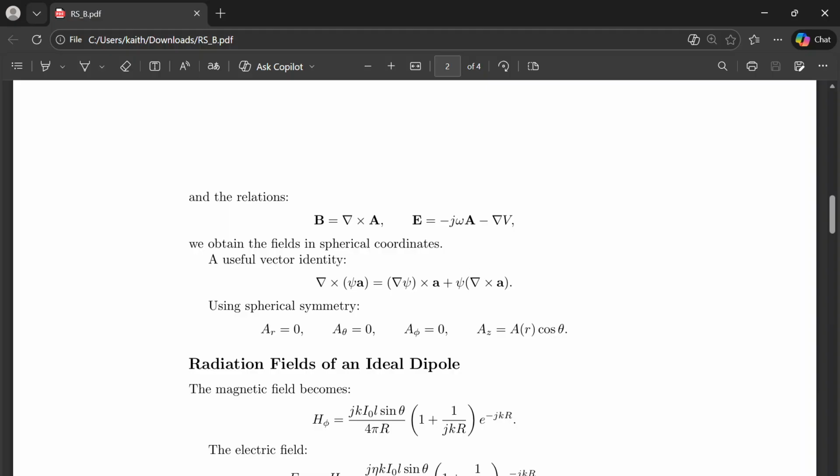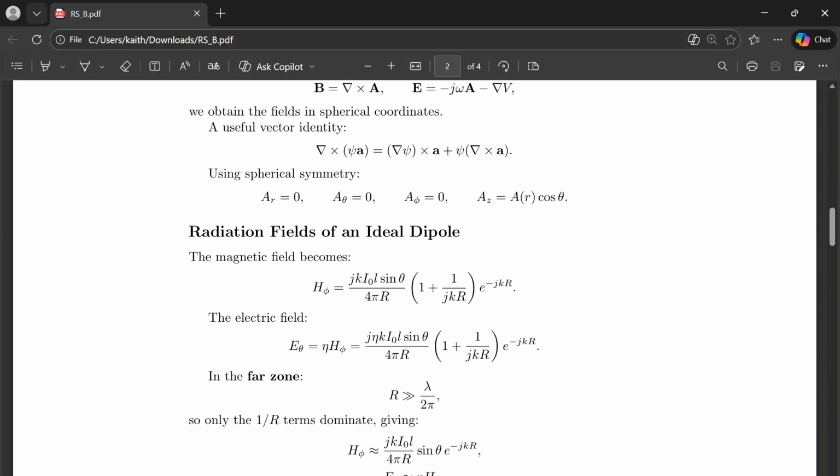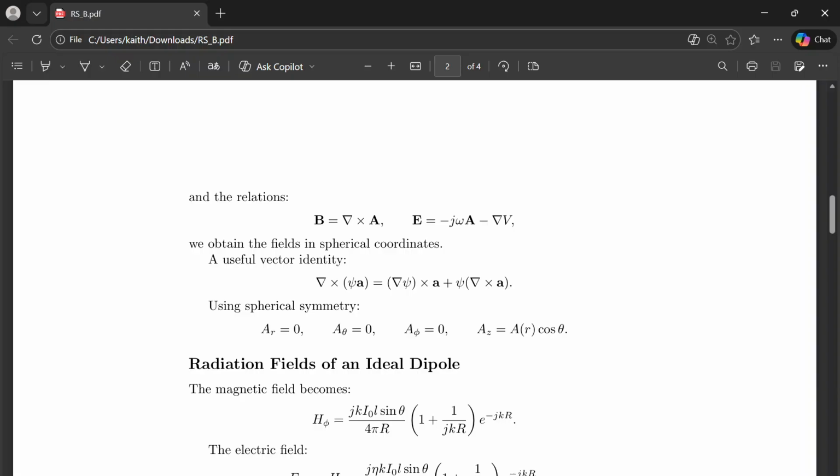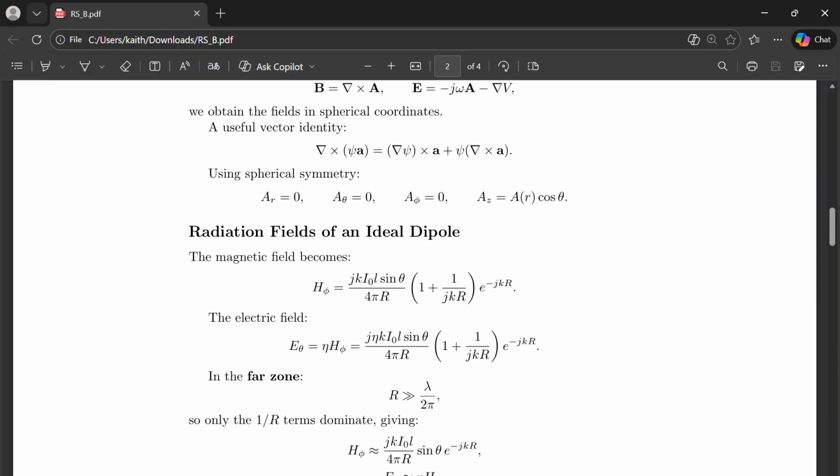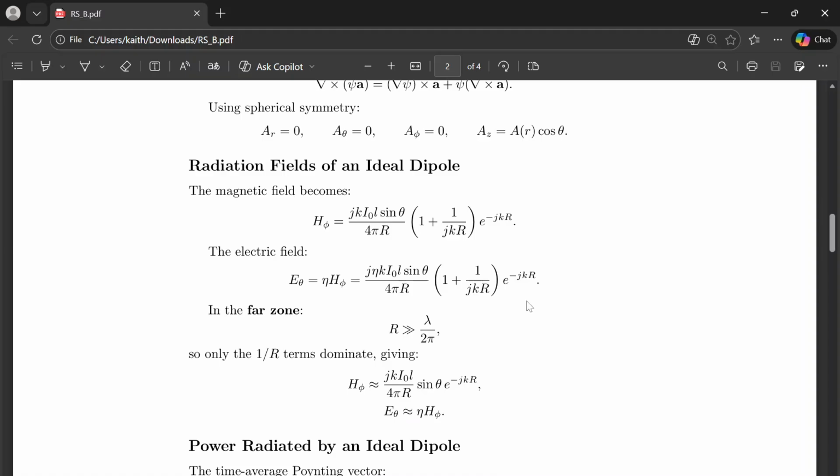One is this vector identity, the formula which is given here, and the other is the spherical coordinate system, because as I said, in Cartesian coordinates the calculations become a little hectic. In spherical coordinates I can take advantage of the spherical symmetry. Now, if I evaluate the electric field and magnetic field under these conditions, I arrive at these results. The magnetic field becomes this and the electric field becomes this.